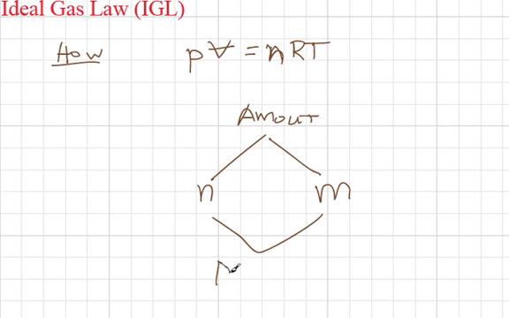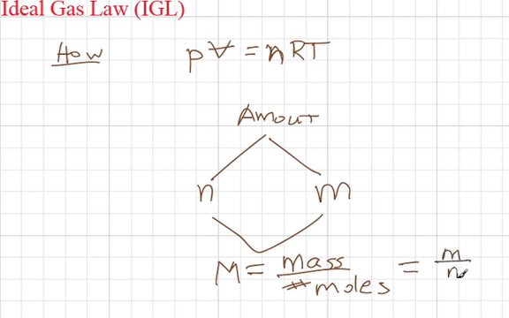because we can use a capital M, which is called the molar mass, and the molar mass is the ratio of the mass of the gas to the number of moles. So we can write this as an equation, which is lowercase m over n.